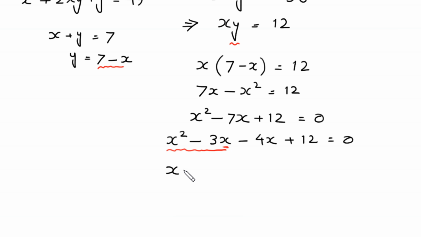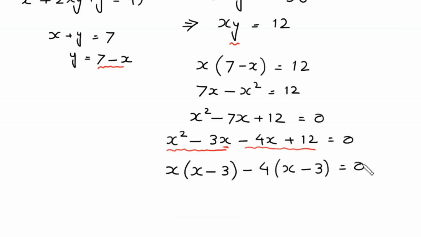So x as a common factor, and in bracket left x minus 3. And from these two terms, negative 4x plus 12, we can factor out negative 4. Negative 4 as a common factor, and in bracket left x minus 3 is equal to 0.